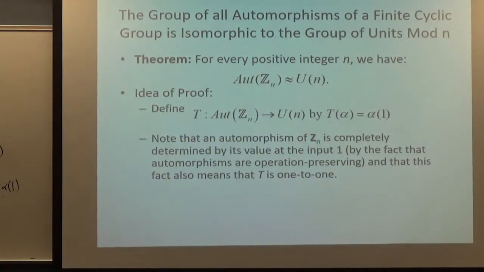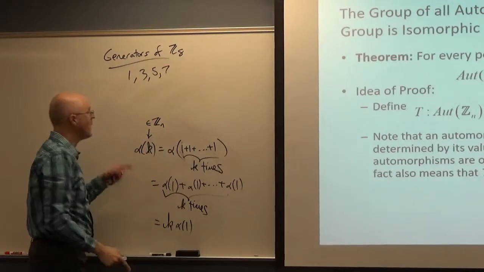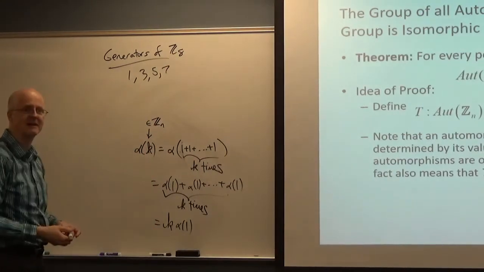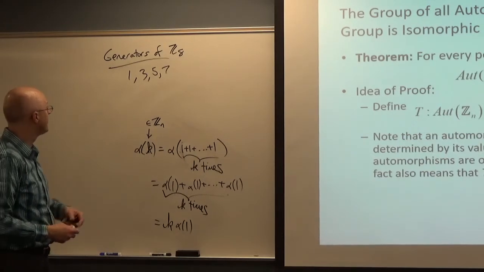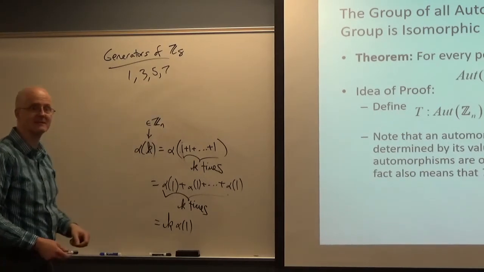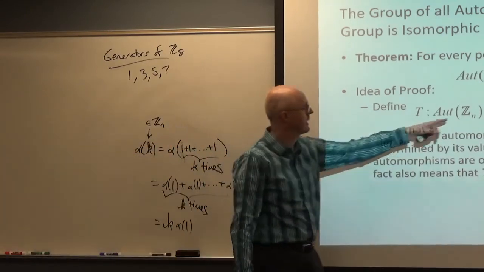Generators of Z8 are 1, 3, 5, and 7, the elements of U8 that I erased. Alpha of 1 has got to be one of those four things in this example with Z8, if n were 8.